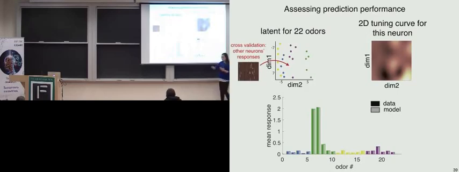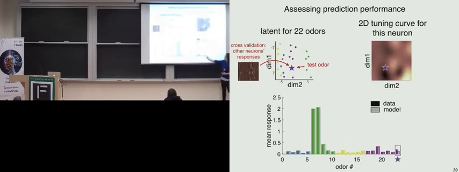Okay, so the way that works is you have an example neuron, you hold it out, and then you present the test odor to all the other neurons to predict its location in the latent space. Then you put this latent location of the test odor into the example held-out neuron. You can predict the neural response for this odor and compare it to the true mean response for this neuron to this odor.